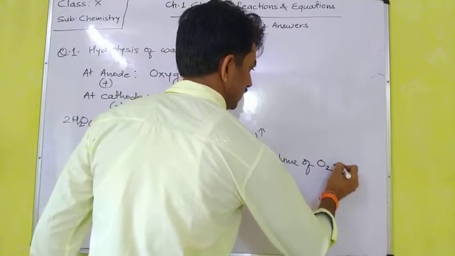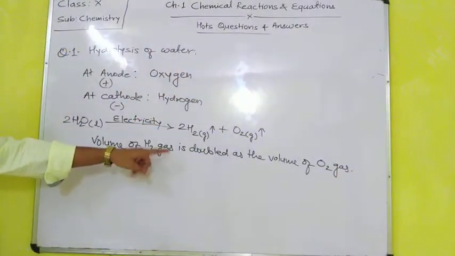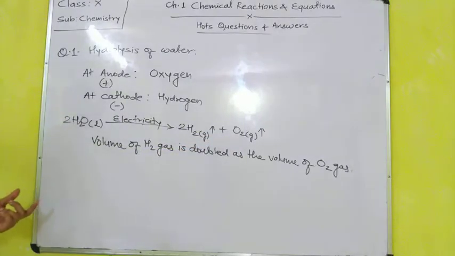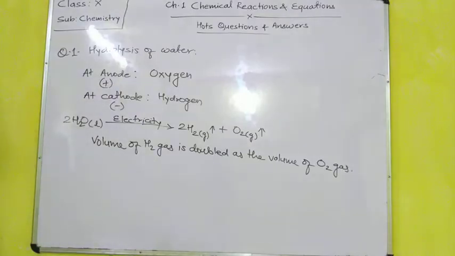That is the first part which we have not discussed. And the second thing: how can we confirm that this is hydrogen gas and oxygen gas, since only hydrogen and oxygen are produced?